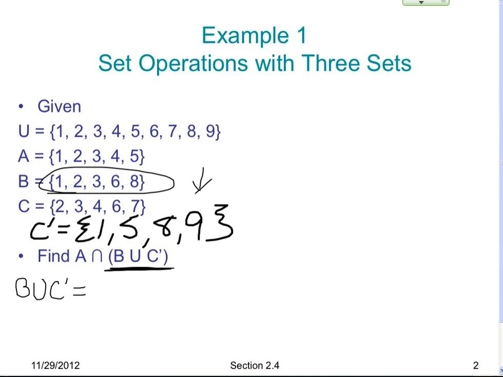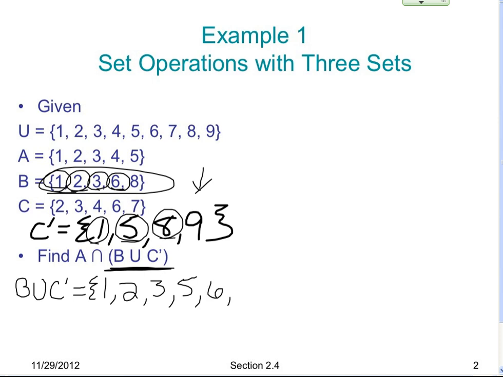So B has 1, and C complement also has 1, but we only need to write one of them. B has 2, so I need that. 3, 5, 6, 8, and 9. Okay, so now we have B union C complement.